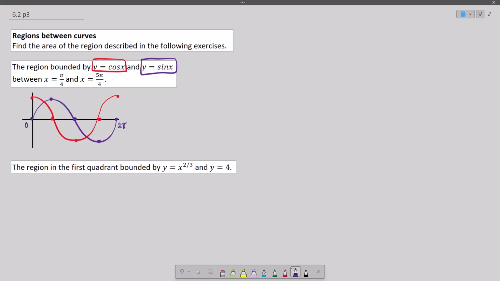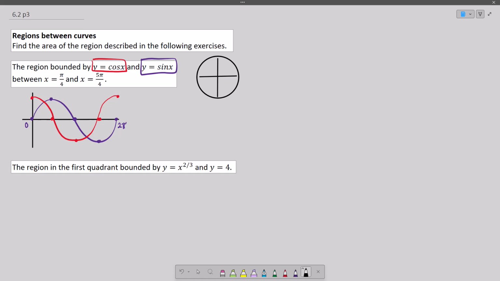Now they give us these x values, and we're hoping that those x values have some really nice meaning here. And it turns out that they do. Let's take a look at the unit circle. Whenever you see trig functions with unit circle angles, it's probably a good idea to draw a picture just to get a sense.